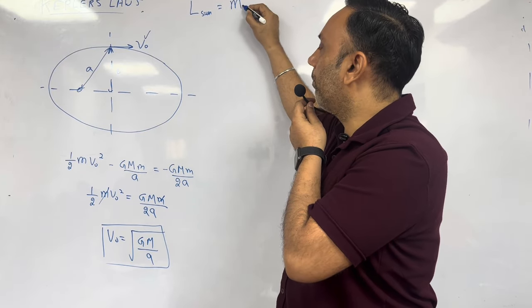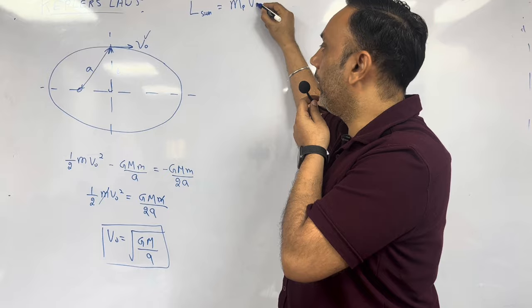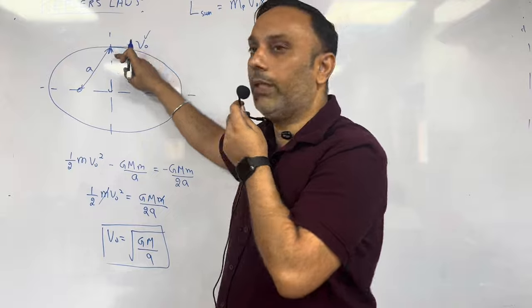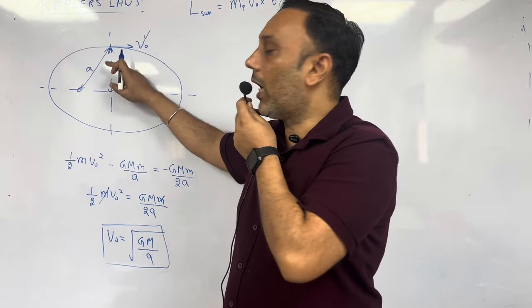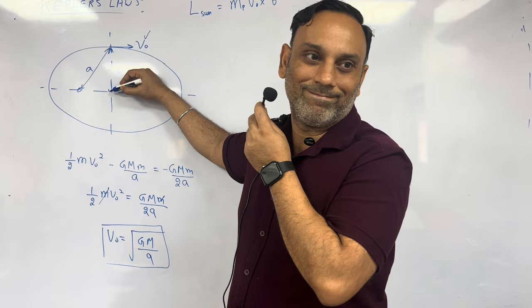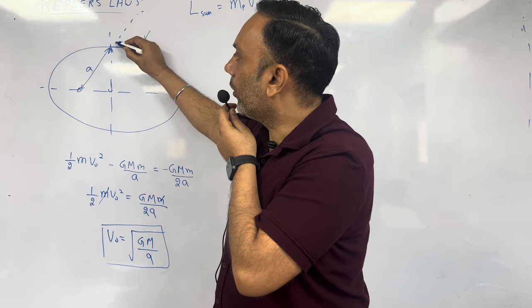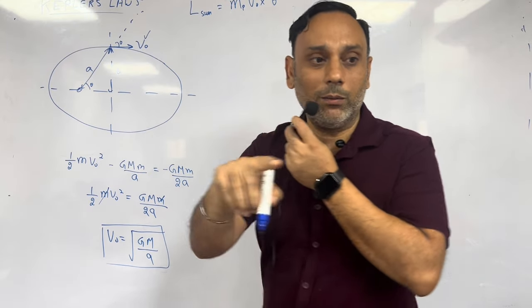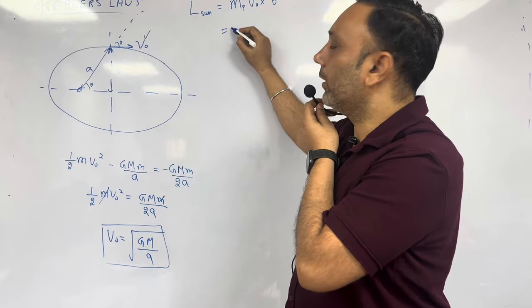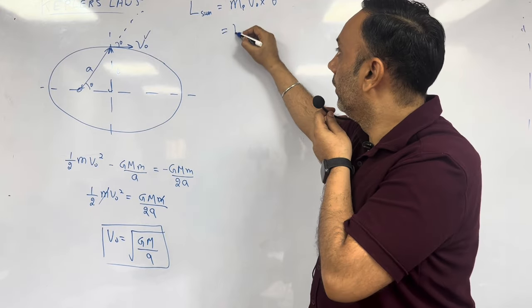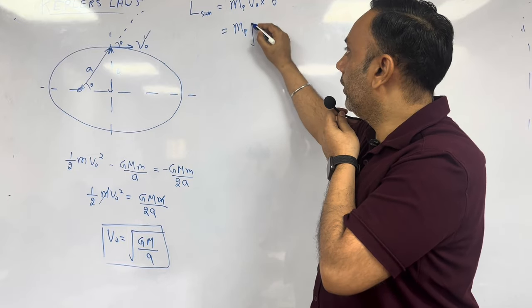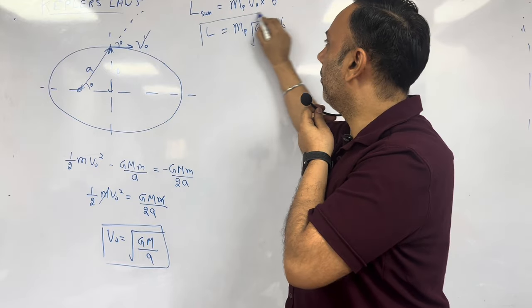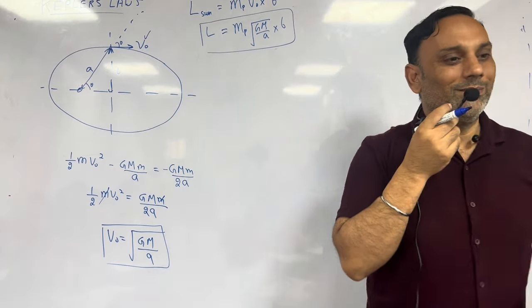Mass of planet into velocity V naught into B, because B is the perpendicular distance. If you do R cross V, that is R V sine theta, and R sine theta is B. So the expression of angular momentum is mass of planet into under root G M by A into B. That is the angular momentum. Very important, yes or no?